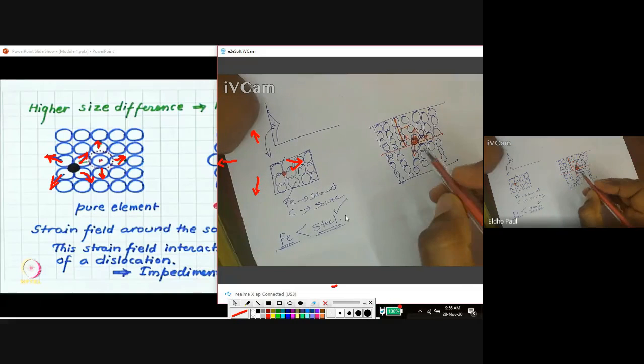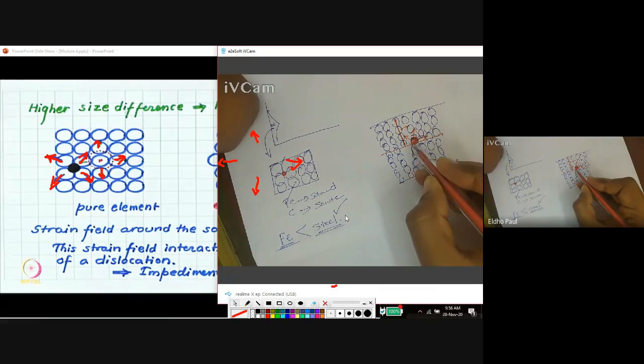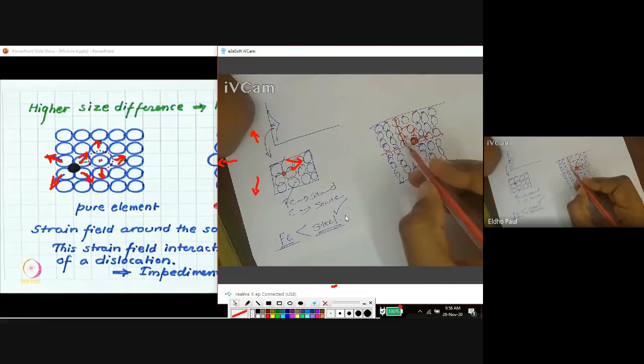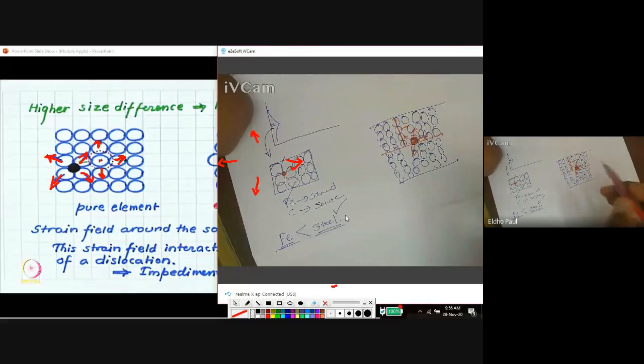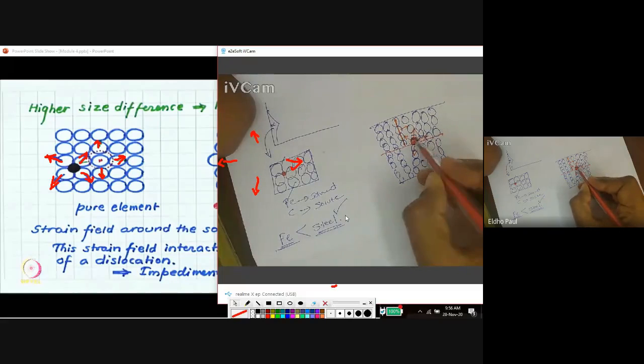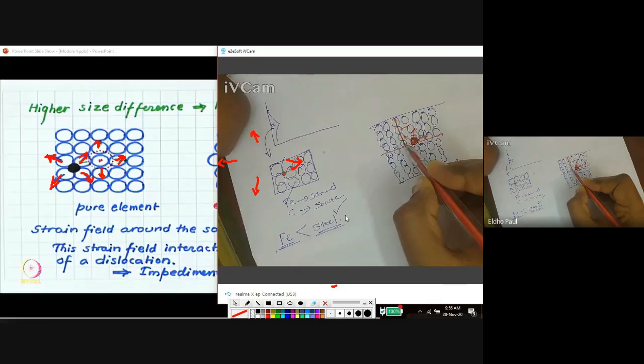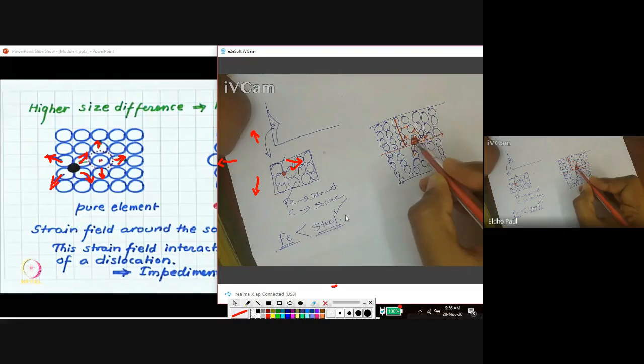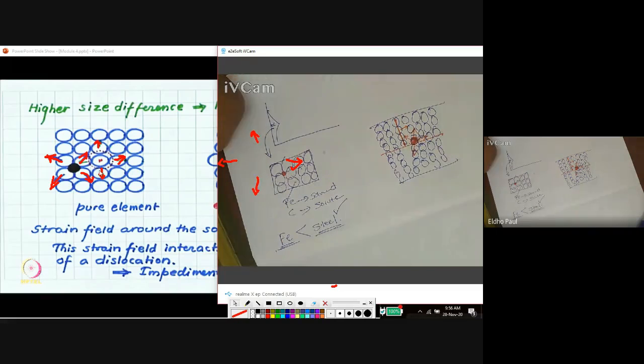Okay, so when they come closer, if both are tensile, what happened? The stress field developed by the solute atom opposes the stress field of this dislocation line. Okay, the stress field created by this solute atom, we already discussed how this stress field is developed by substitutional impurity or interstitial impurity, and this may be tensile or compressive.